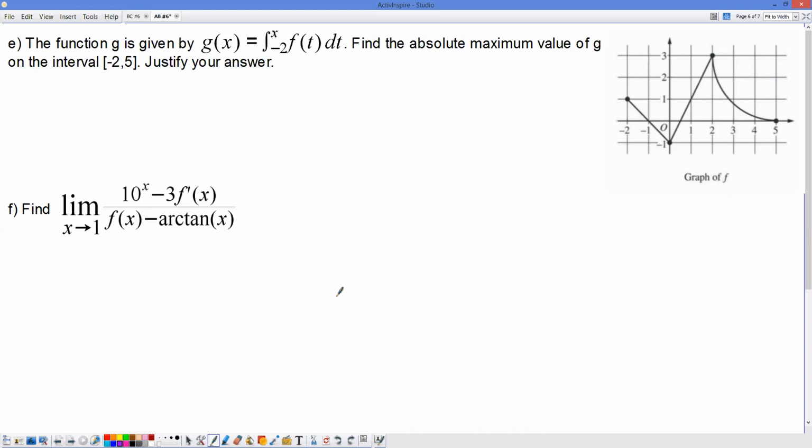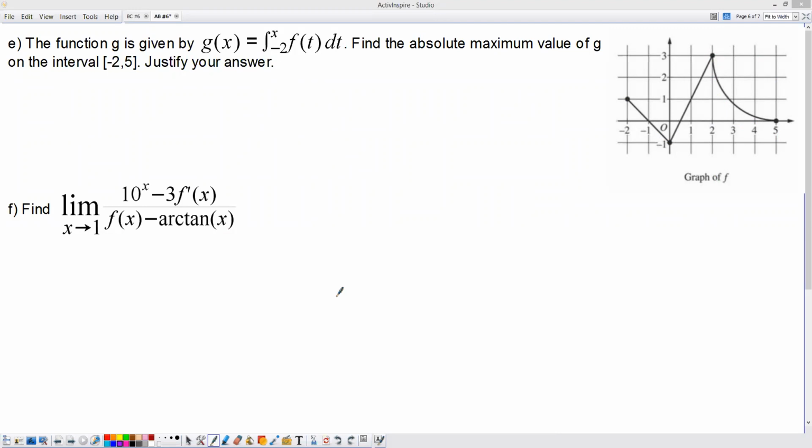So if we look here at part E, we've got now a new function, the function G, which is given by the integral from -2 to x of f of t. And we want to find the absolute maximum value of G on the interval from -2 to 5.